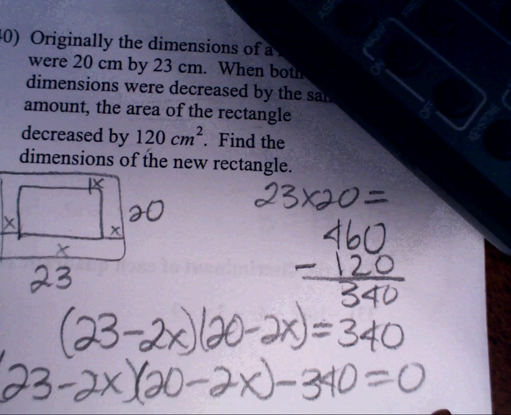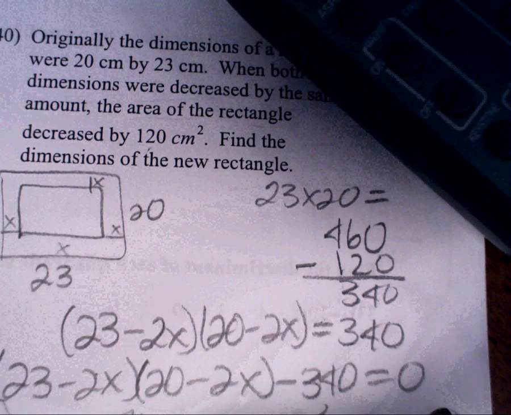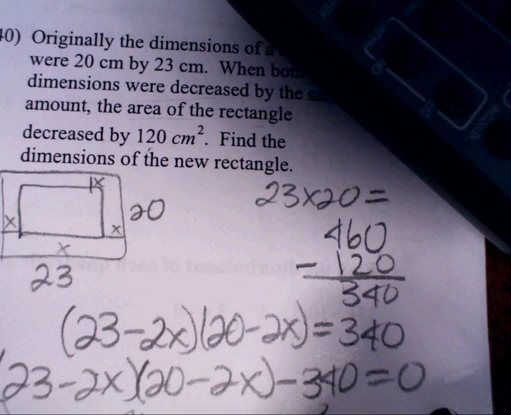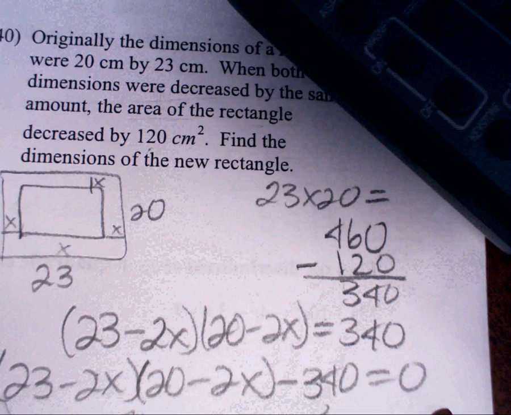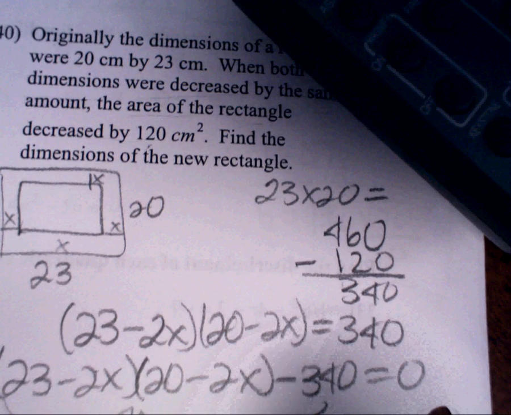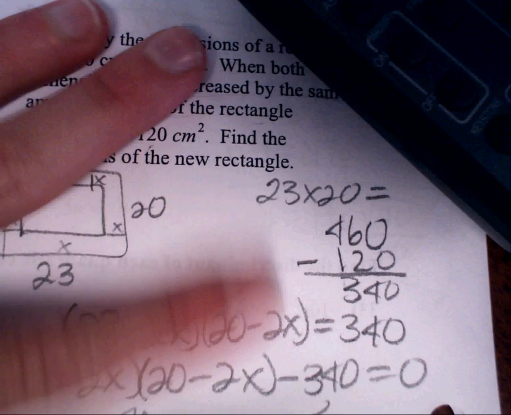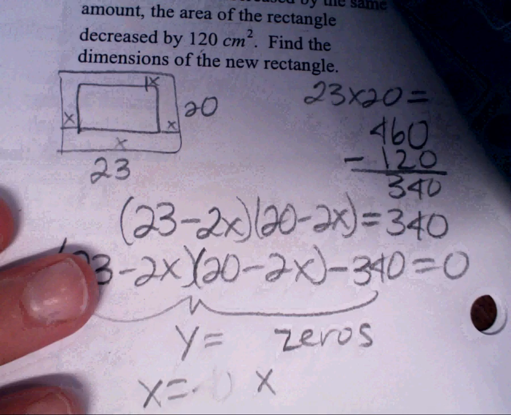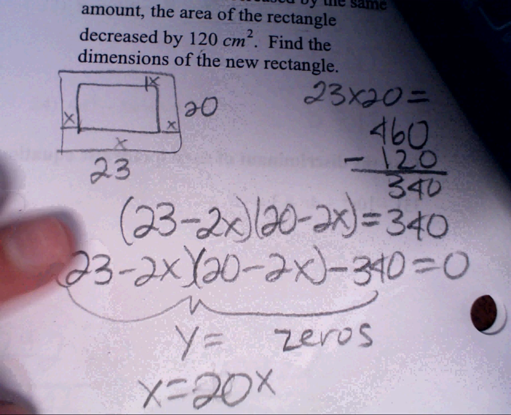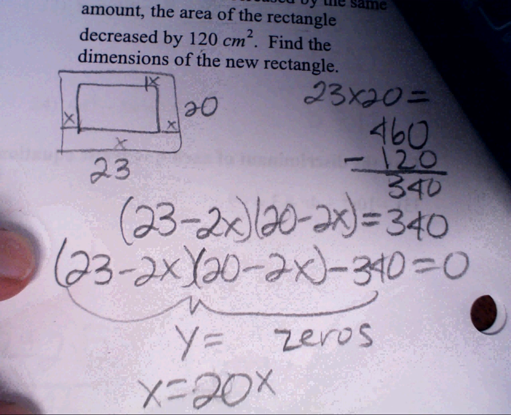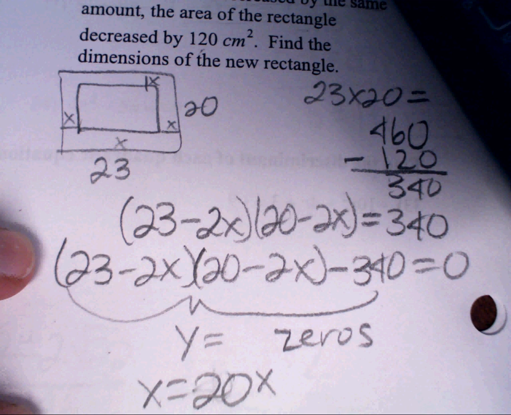So what happens is you end up with two solutions. So this would go in y equals, and you would find the zeros. When you do, you would find the zeros would be x equals 20. I'll try to type that in real quick. I'm typing it in right now.